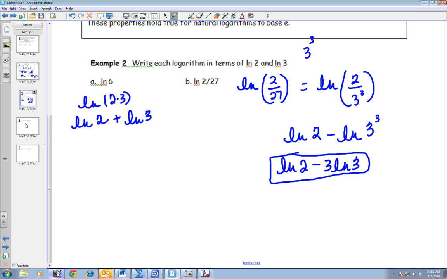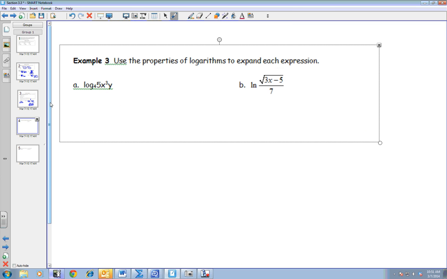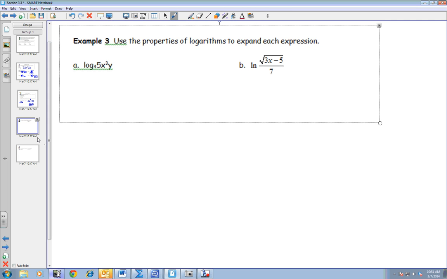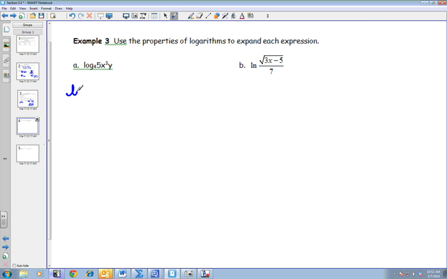Okay. Example 3, same thing. Use properties of logarithms to expand each expression. So this time, we're going backwards. All right, so this is a multiplication problem. So multiplication problems can be rewritten as addition problems. So it's going to look like this. Log base 4 of 5.